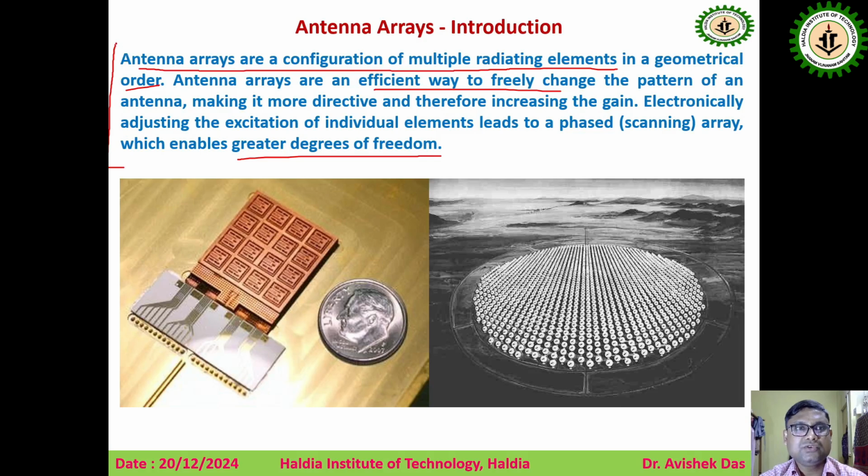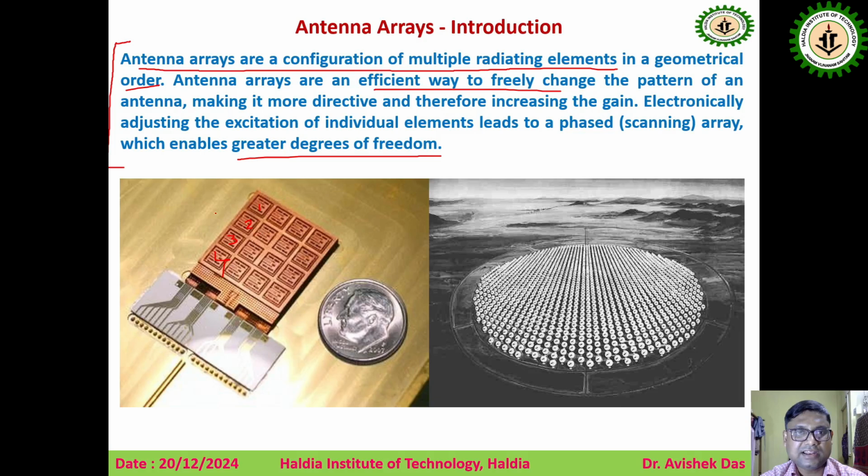So, why do we use the antenna array? When a number of antennas are placed together, it forms the array. Look here, it is a picture of a planar antenna array. Here is one antenna, this one is the second antenna, this one is the third antenna, the fourth antenna.